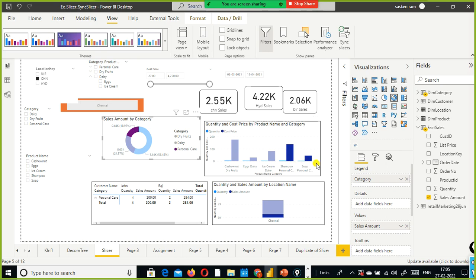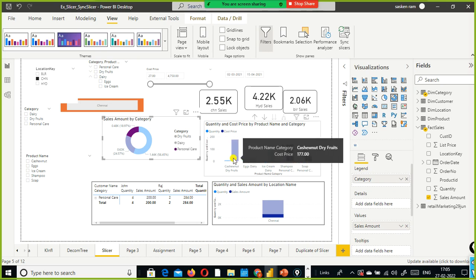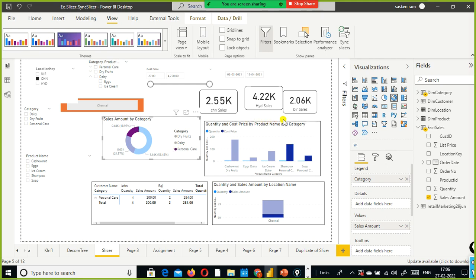So now the question is, why does it retain the unrelated data along with the related data? There are some requirements the user wants to know, right? Those products we sold, and along with that, which products we did not deal with. In that kind of situation, this is very much helpful.